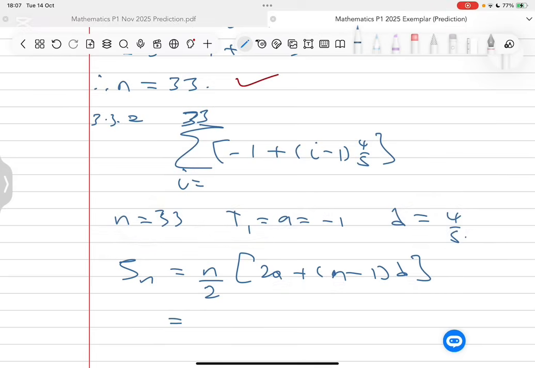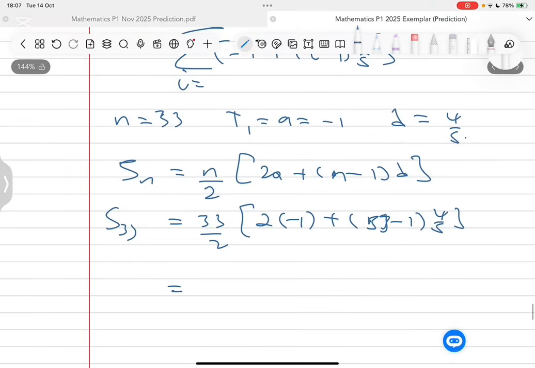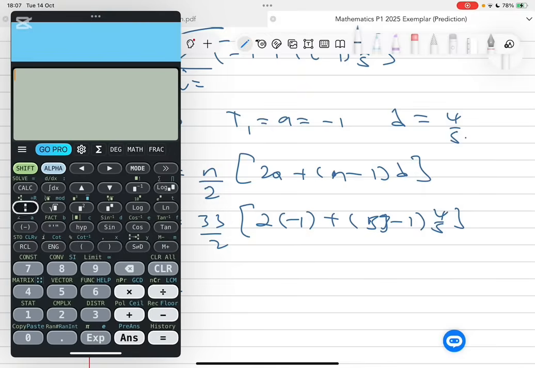So S33 is equal to 33 over 2 times (2 times -1 plus (33 minus 1) times 4 over 5). We can use a calculator to do this math.